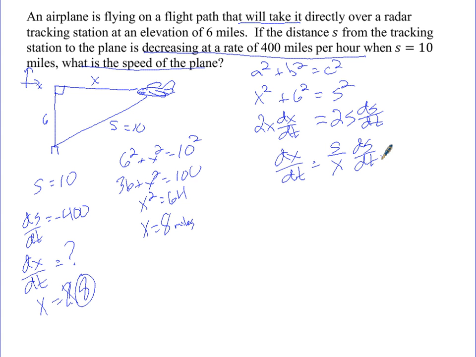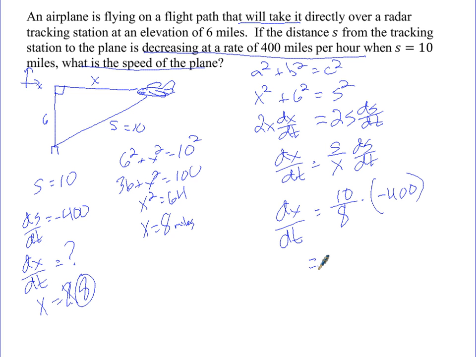Yeah, now plug in what you have. So dx over dt, which is the speed of the plane, and that's what we're looking for, equals, s is 10, 8 for x, and then times, what? Negative 400. Okay?